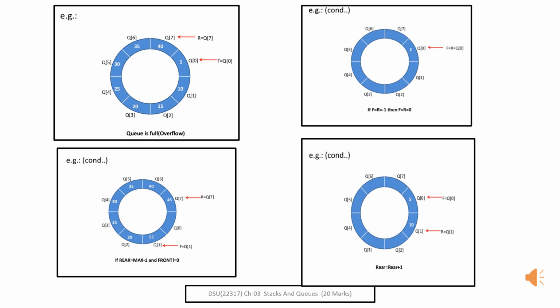Then in the third diagram, if rear is equal to max minus 1 and front is equal to 0, then the element will be inserted at that particular position. And rear is equal to rear plus 1, meaning while inserting elements, rear is incremented by 1. These are the possible conditions while inserting an element in the queue.